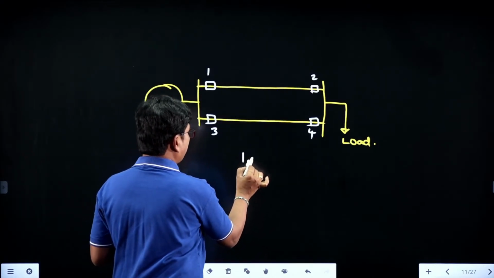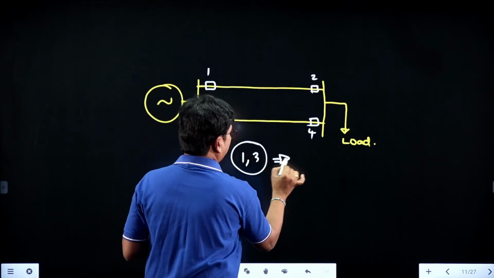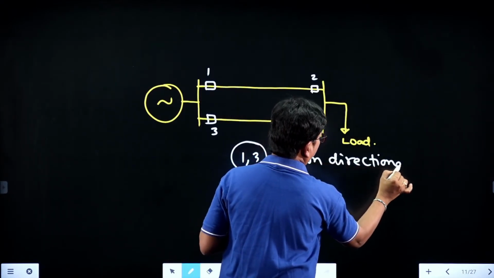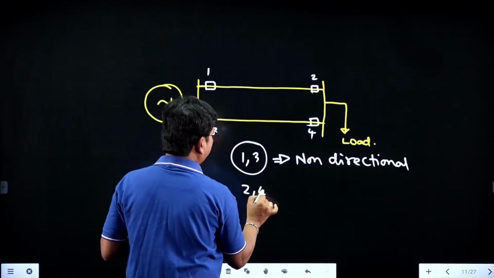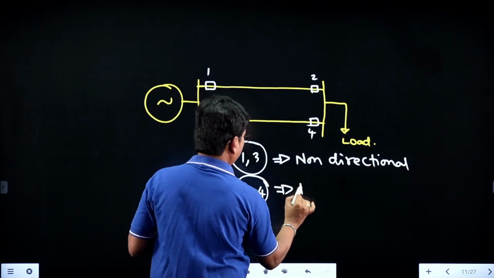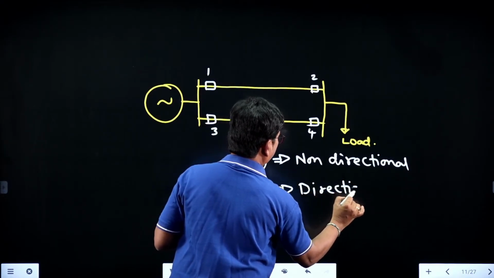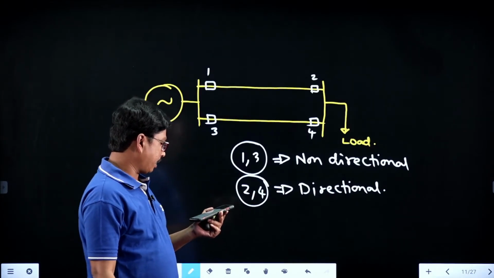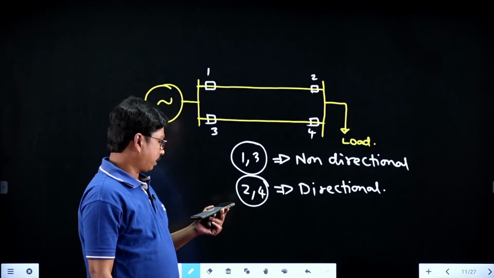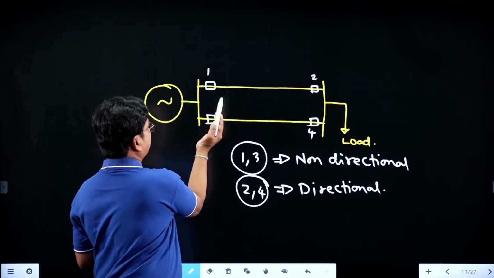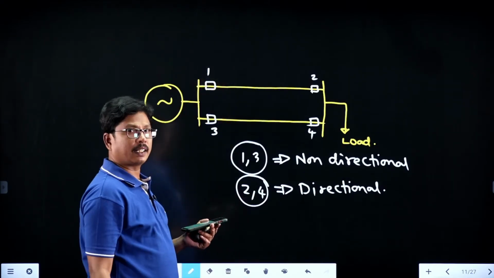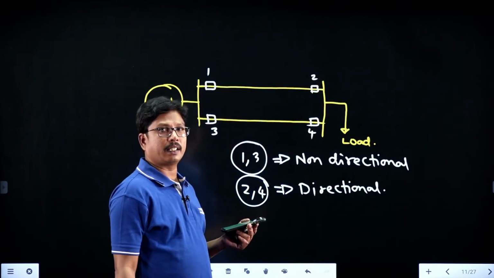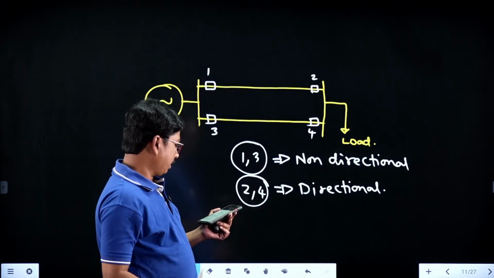Here 1, 3 are non-directional and 2, 4 are directional. Yes, 1 and 3 are non-directional and 2, 4 are directional relays. So at the source side we need non-directional relays. At the load side we need the directional relays. Is it clear, right? Very good.